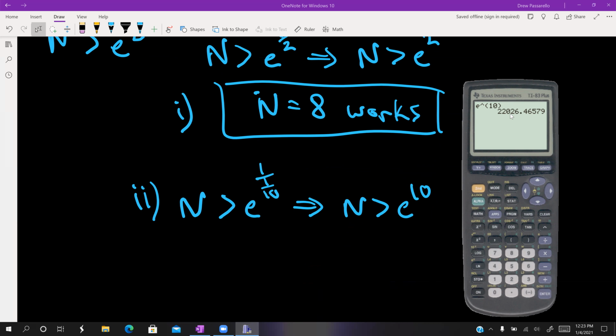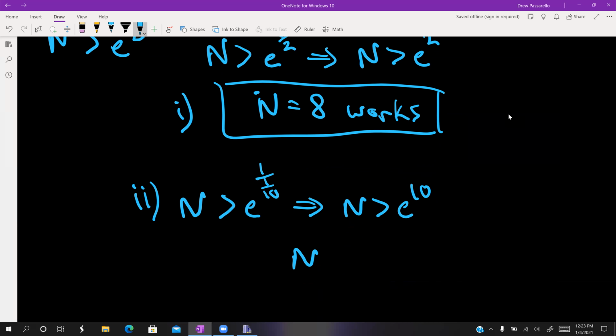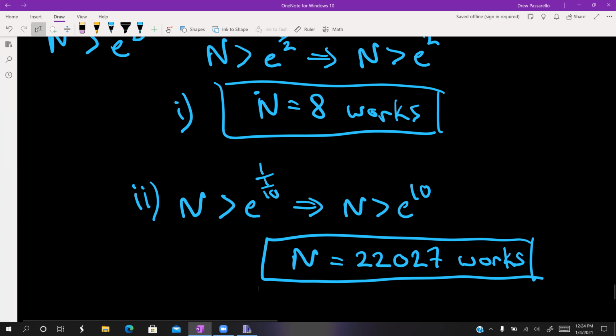So a natural number bigger than that, 22,027. All right, so that's the index we need, so that for all the indices beyond this, we're going to have the convergence when epsilon is 1 over 10. All right, so that is that example.